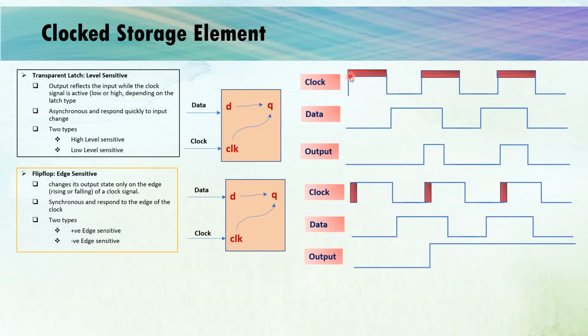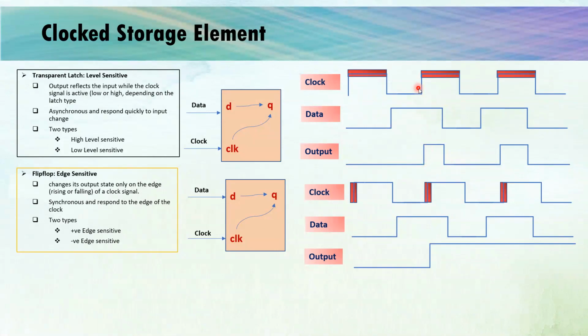When the clock is high, whatever data is there at the D pin goes to the output. As you can see here, when the clock is high, whatever data, which is zero in this case, goes to the output. But as soon as the clock goes low, even if the data is changing, that doesn't replicate to the output.